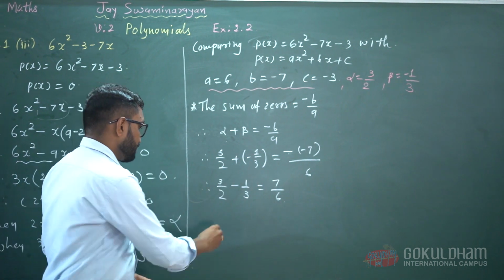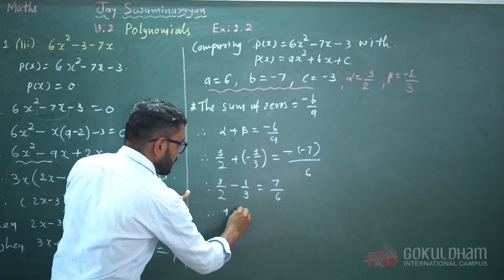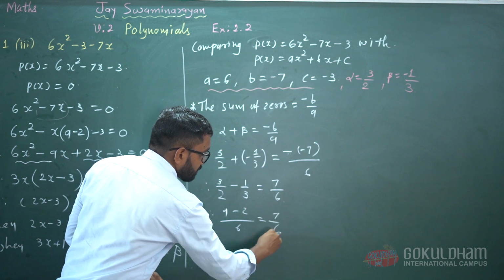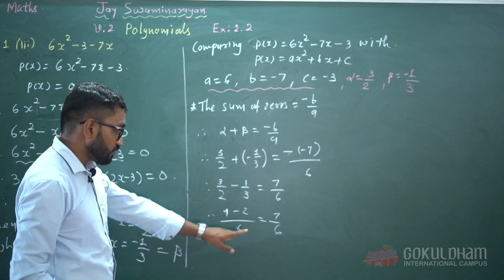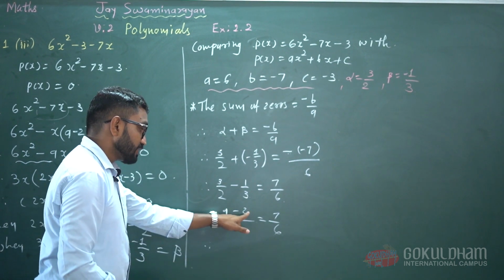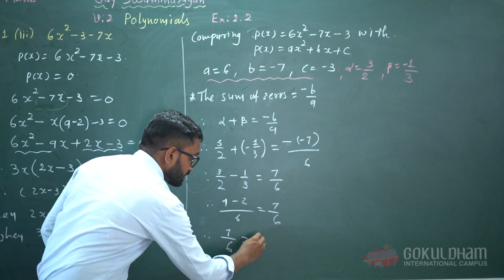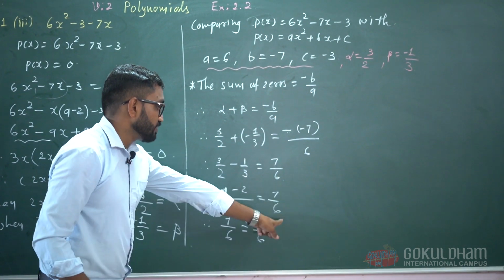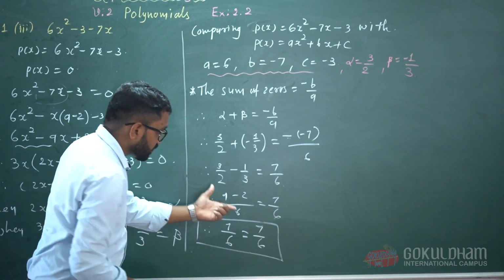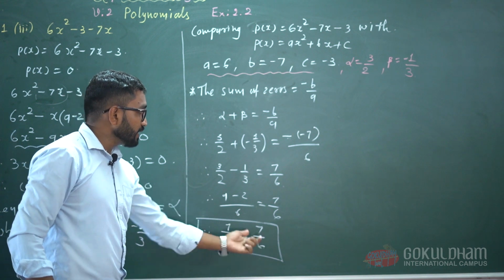Then take LCM: 3 3s are 9, 2 1s are 2, then 3 2s are 6. Now 9 minus 2, so we get 7, the denominator is also 6, so this is 7 by 6 as it is. So both values are equal, the sum of zeros is verified.